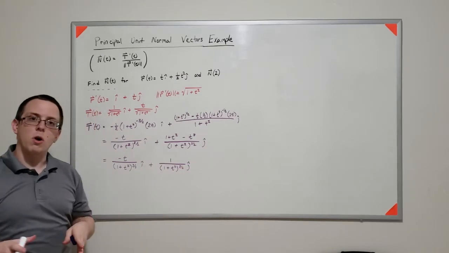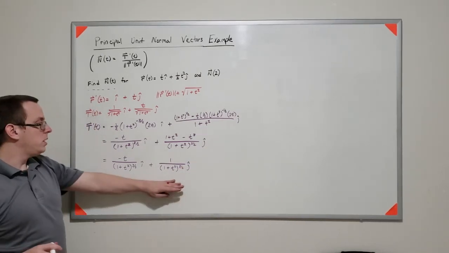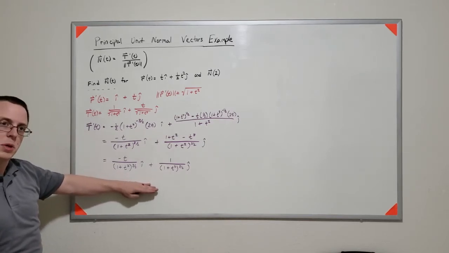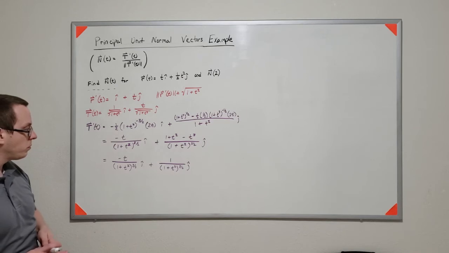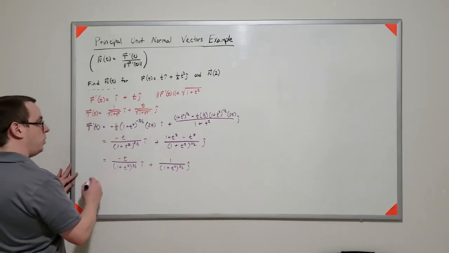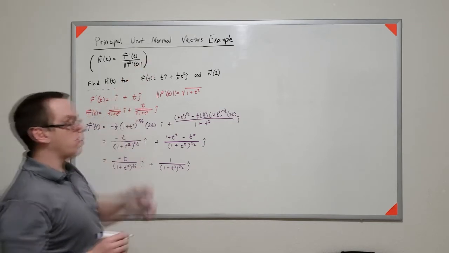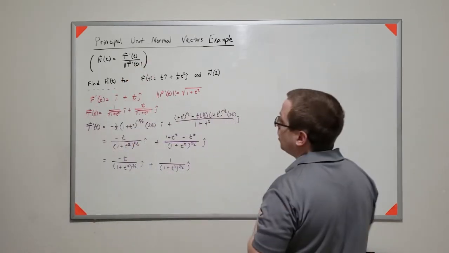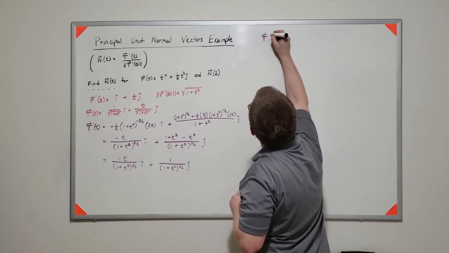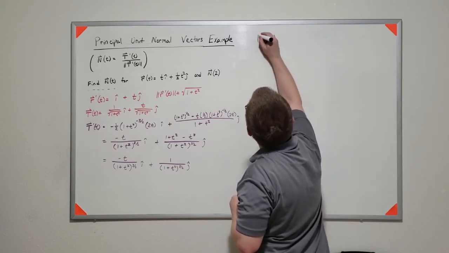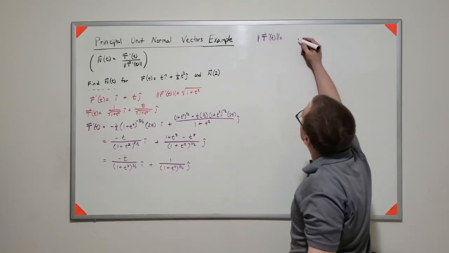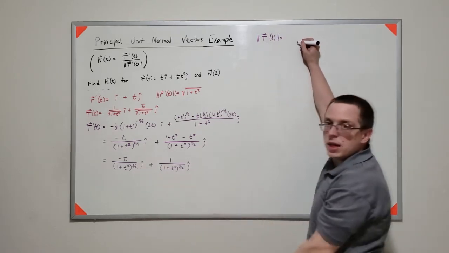Now, I know that was a lot of work to simplify, but this is going to pay off because when we take the magnitude here, we really want this to be as simple as possible. So when we get the magnitude, we have this squared. Since that's to the 3/2, that's just going to go away.